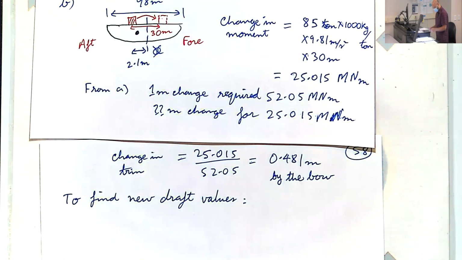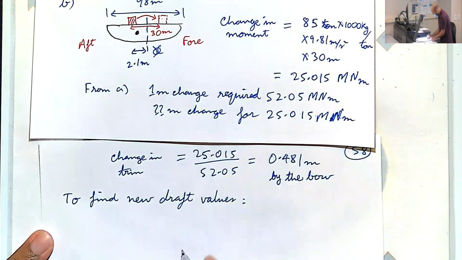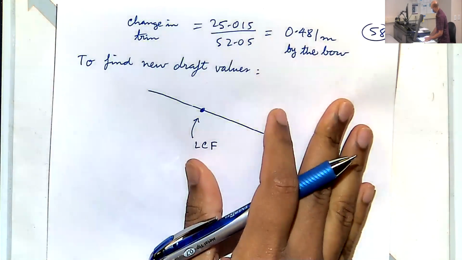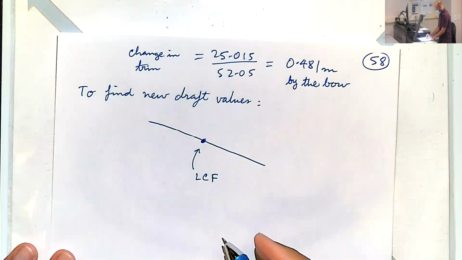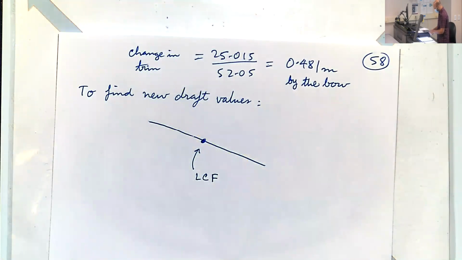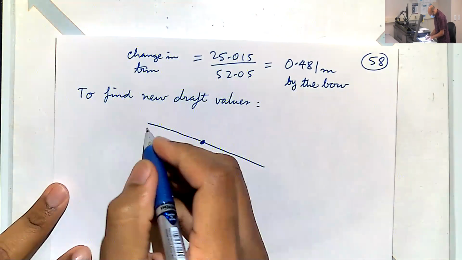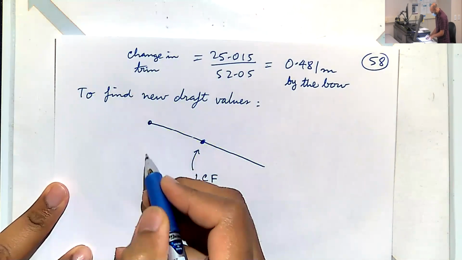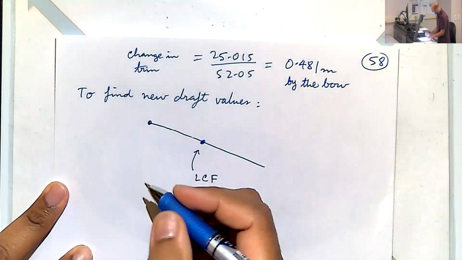Okay, we will draw a sketch. So let's say this is the LCF and we have our water line like so. And when the water line is like this, that means more of the aft is submerged.